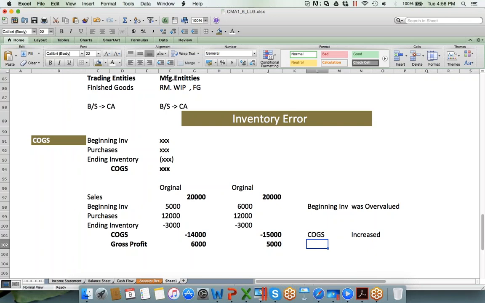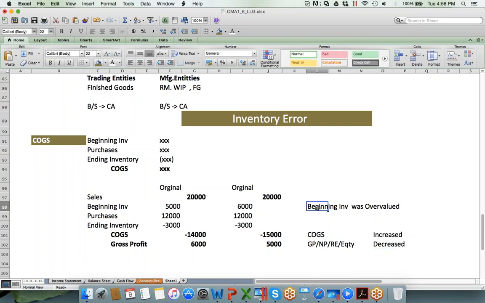Now gross profit, GP, NP, retained earnings and equity. What happened to these? Decrease.